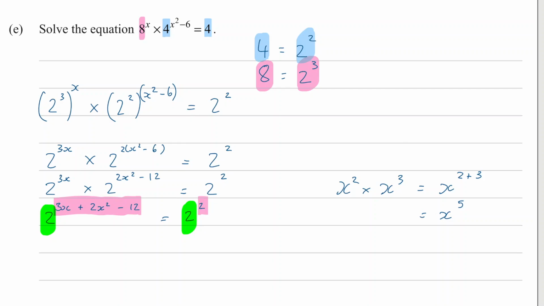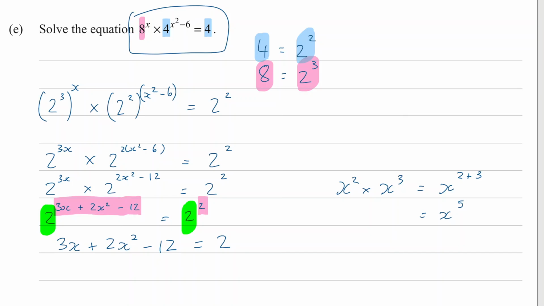So we can effectively eliminate the base. And next year you'll learn how to do it using logs, but for now we're just taking it for granted. So we equated the powers. Right, so we went from a messy exponential equation right down to a quadratic equation. And that's what we're trying to solve now.